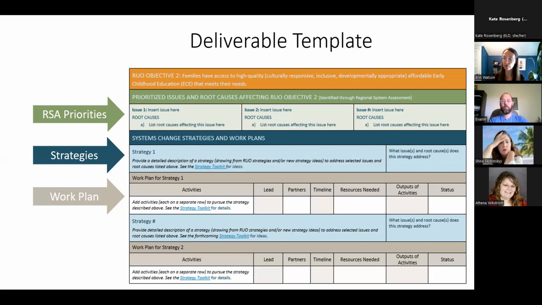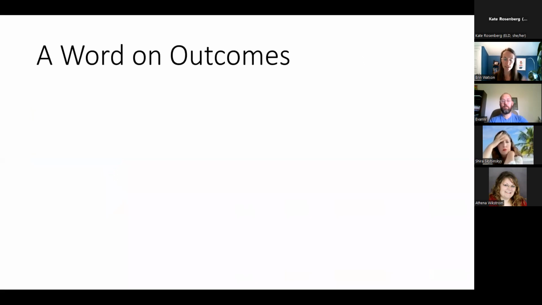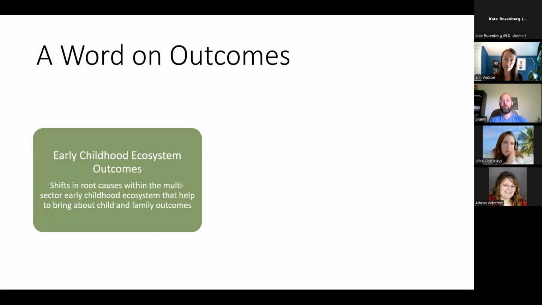Just kind of save some space. Okay, one more thing, and then we'll have time for questions, because I can see the smoke starting to come out of your ears right now. A word on outcomes. There are 2 types of outcomes that you want to think about with this system strategic planning. The first are ecosystem outcomes, which are directly related to those root causes that we've been strategizing around.